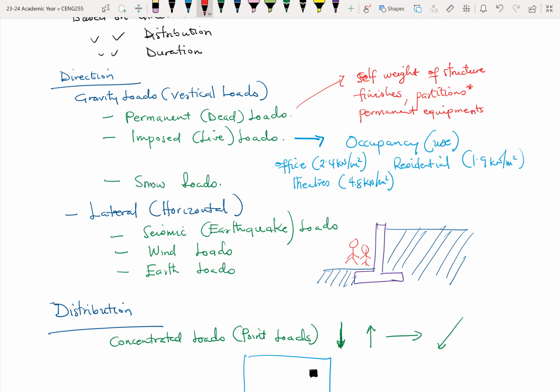We call this structure here a retaining wall. It has other names depending on what function it's fulfilling, but it's mostly called a retaining wall or even a basement wall. What is happening is that the soil outside is pushing against this wall.